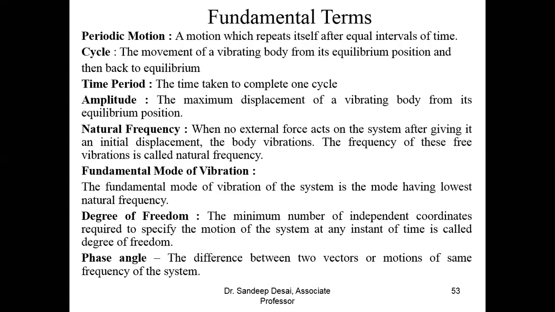For example, again let me give you the example of a chassis. The chassis will have its frequency without any external excitation. That frequency is called natural frequency. And when that chassis is subjected to external excitations due to road irregularities, engine vibrations, etc., the frequency of those external excitations is called forced frequency or excitation frequency.